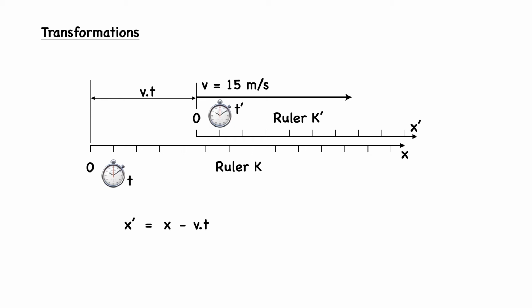As for time, that will simply show that the two stopwatches are synchronized so that t dash equals t at any time. These two equations describe what's called a transformation, because they transform values of x and t into corresponding values of x dash and t dash. This particular one is usually called the Galilean transformation.